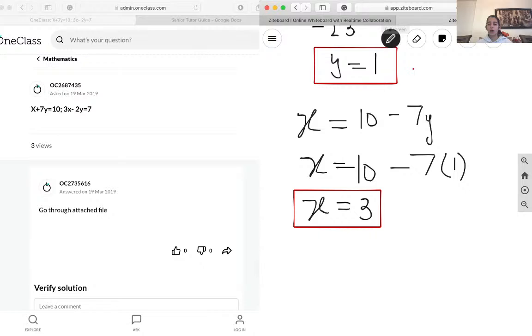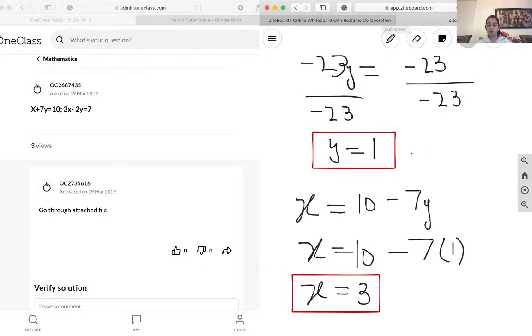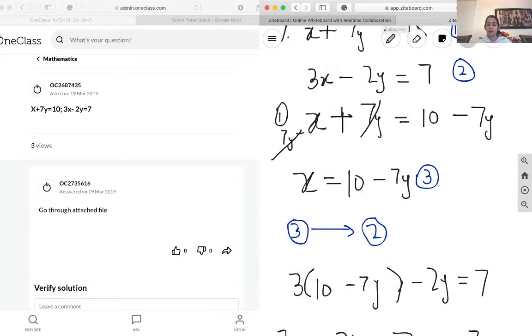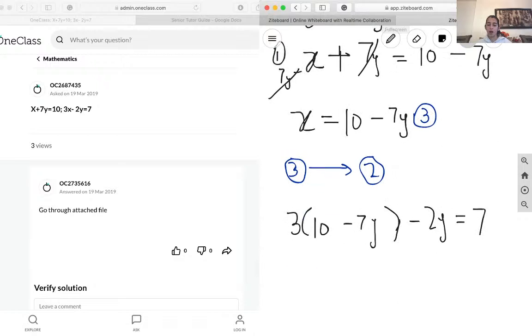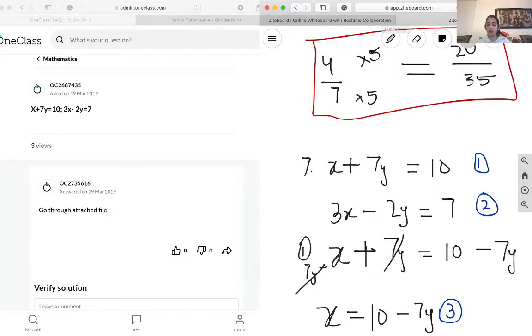A way to verify this is to take our values and plug them into another equation. Let's use equation 2, for example. 3x minus 2y. Our x is 3 and our y is 1.